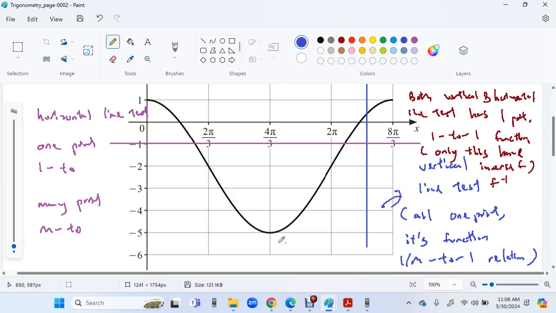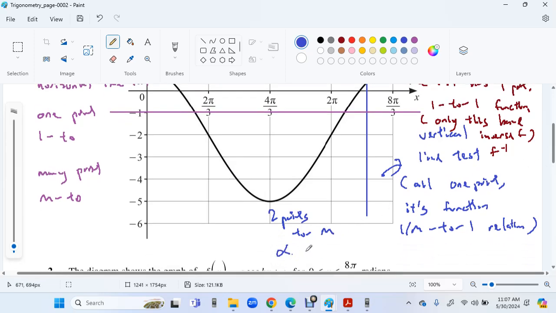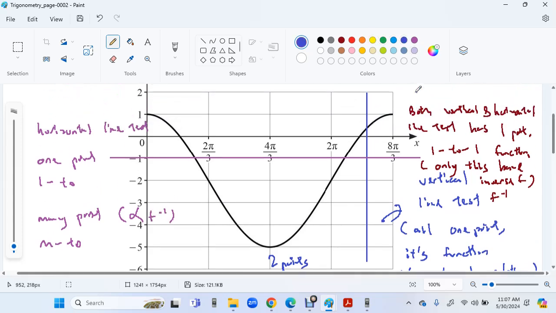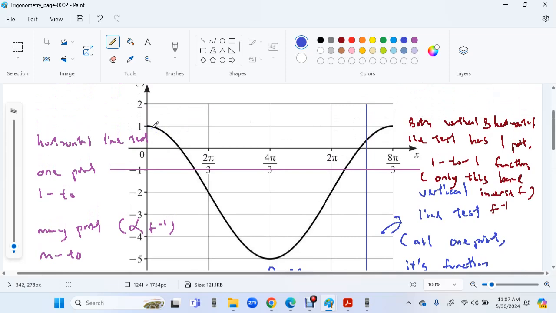If the vertical line test has 2 points, then it is too many. Then this is not a function. So many points in the vertical line test, then no inverse. Okay, so only when the vertical line and the horizontal line all touch 1 point, then it is 1 to 1, then only it has an inverse function.